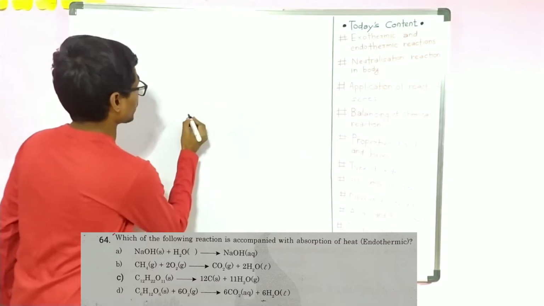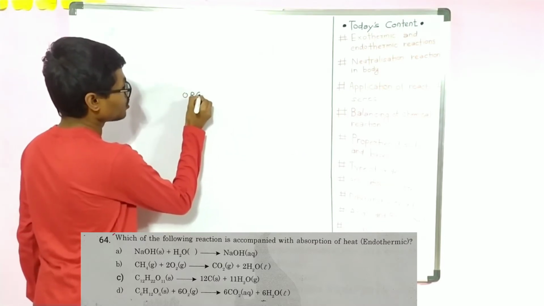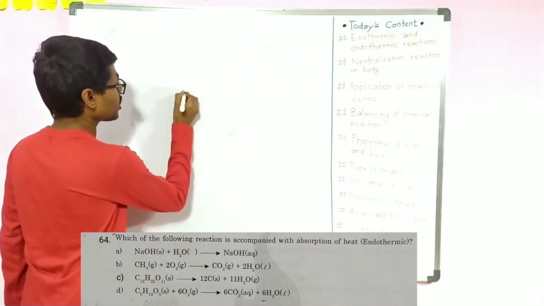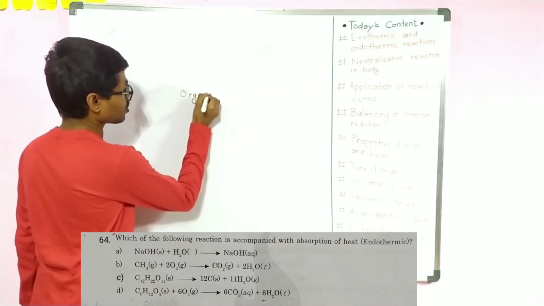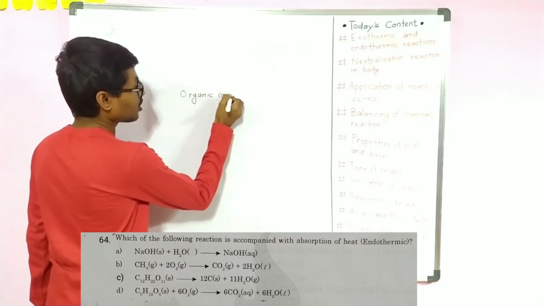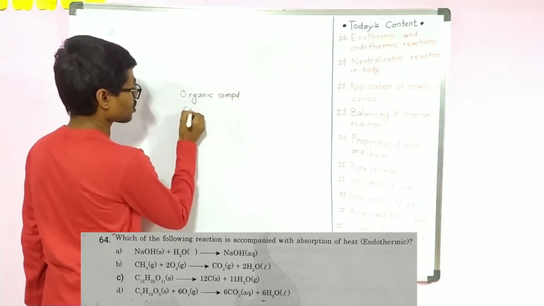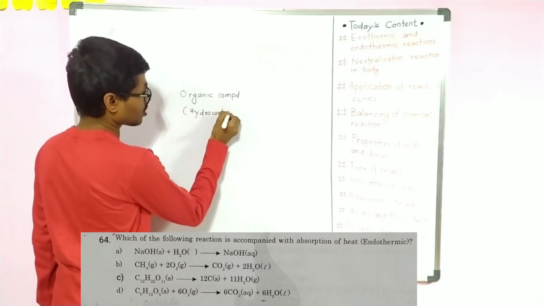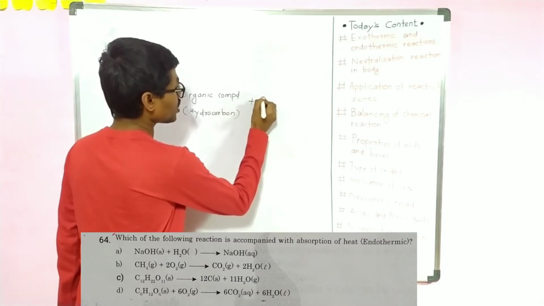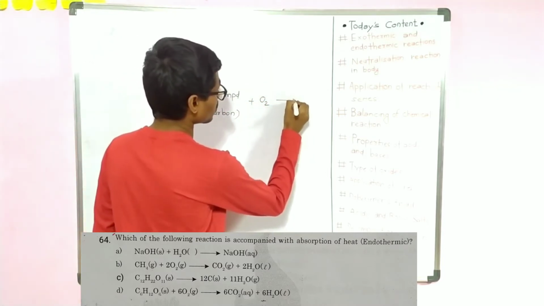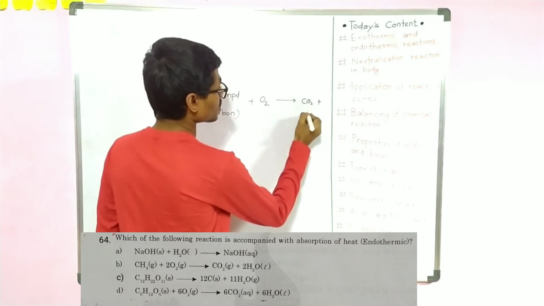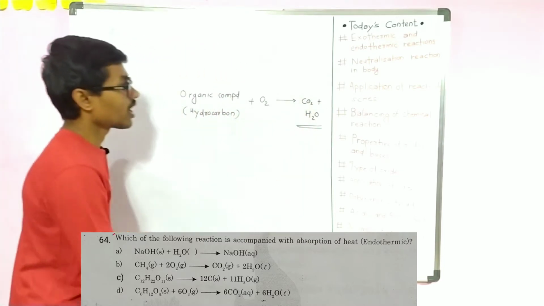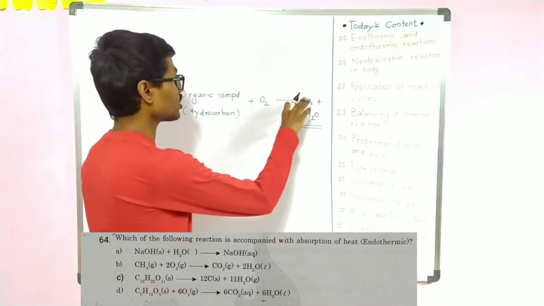What is a combustion reaction? Any organic compound, generally a hydrocarbon, when we burn it in the presence of oxygen, CO2 and water will be formed, and a lot of heat will be released by the system.